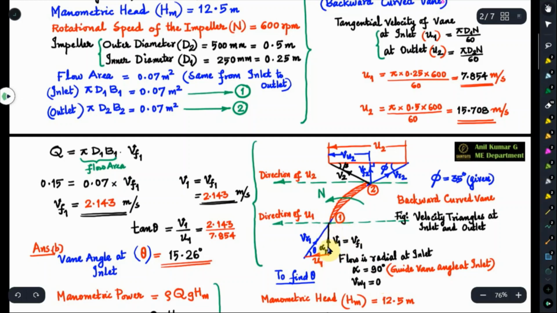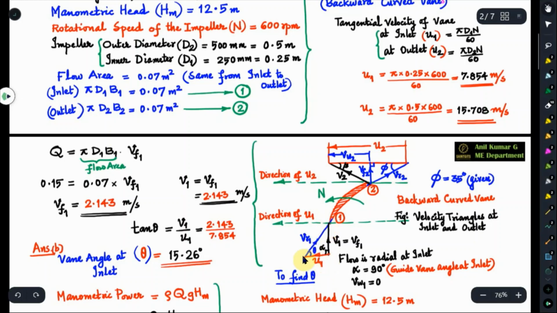So alpha, the guide vane angle at inlet, alpha is 90 degree, and the relative velocity is tangential to the blade surface at inlet. Here the base of the right triangle is representing the tangential or peripheral velocity of the vane at inlet, that is U1, which we calculated already. U1 is equal to 7.854 meter per second.